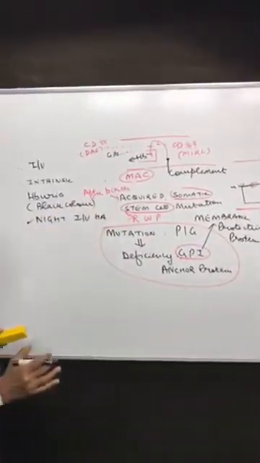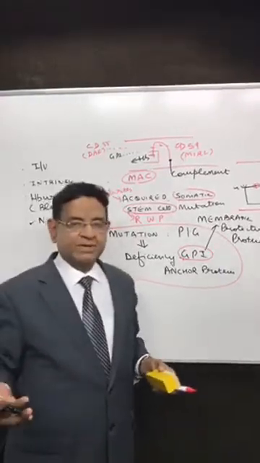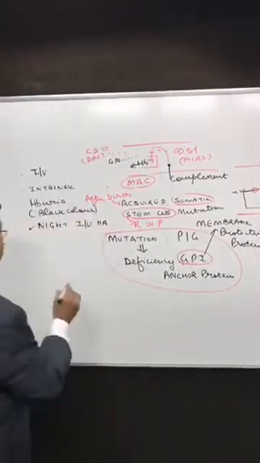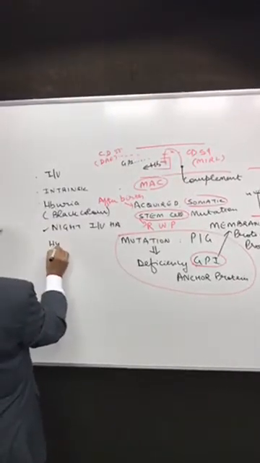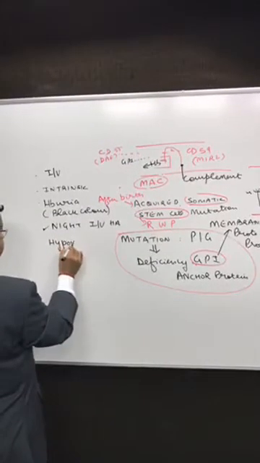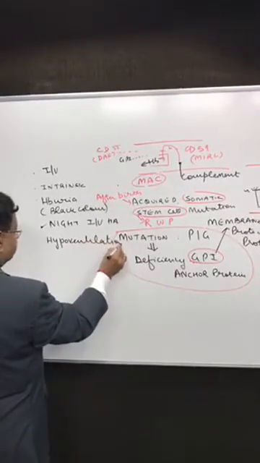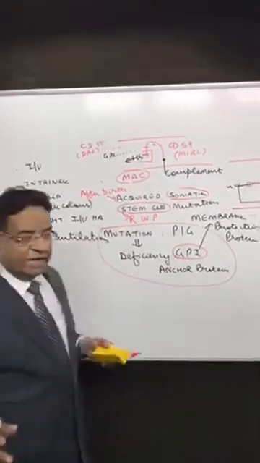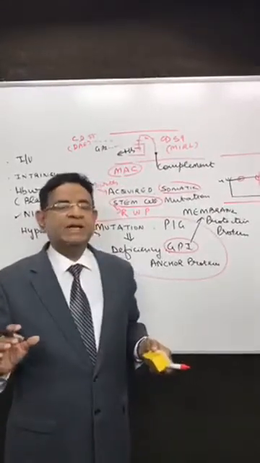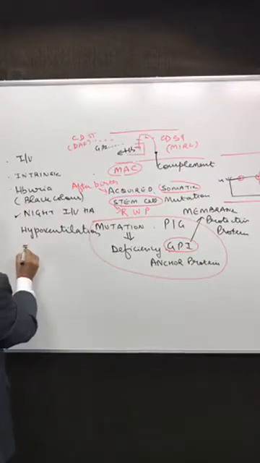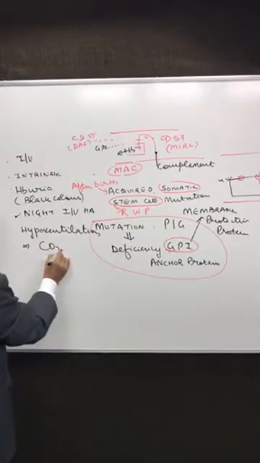At night, when we all sleep, you sleep, I sleep, we all tend to have some mild hypoventilation. We all have a normal tendency to have a little mild hypoventilation. That's why we all tend to retain CO2.